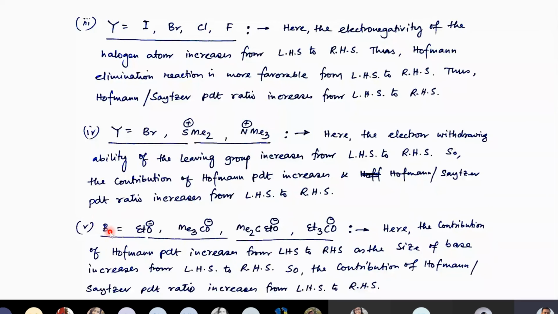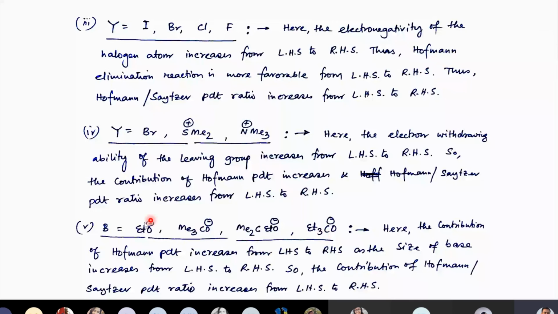And the last point is when we have this series EtO minus, Me3CO minus, Me2EtCO minus, and Et3CO minus. You can clearly see that the size of the base is actually increasing. So as we said, with increasing size of base, your Saytzeff transition state will become unstable.